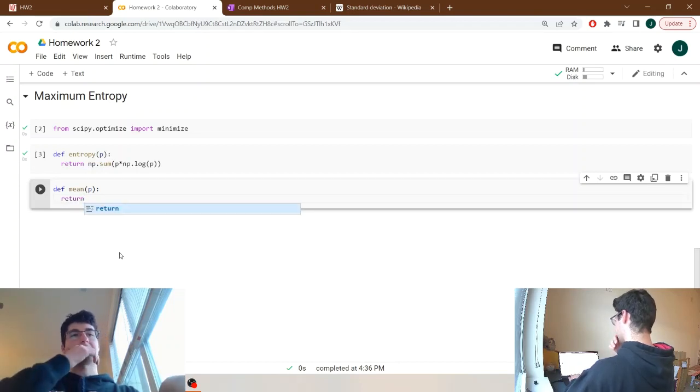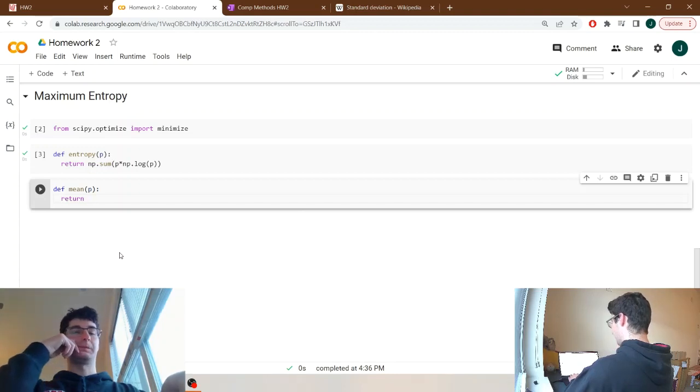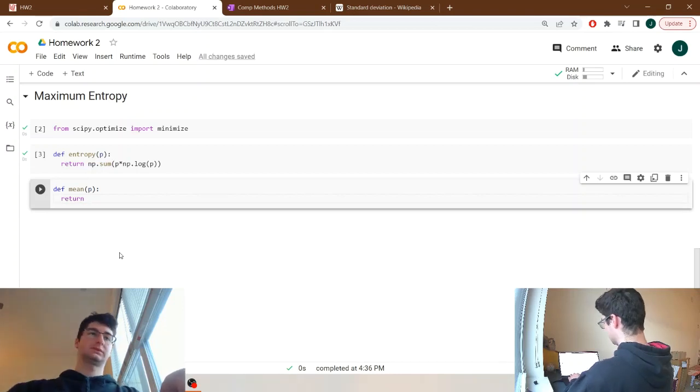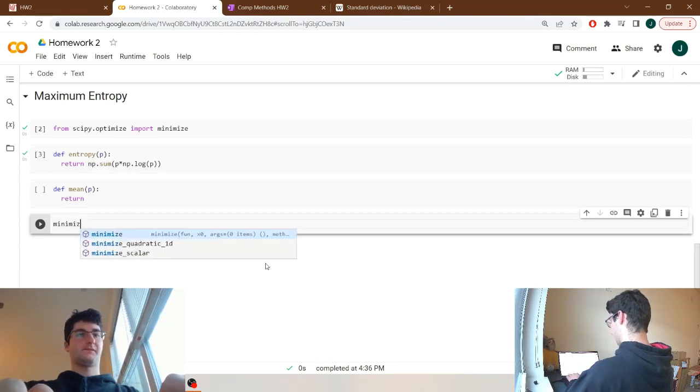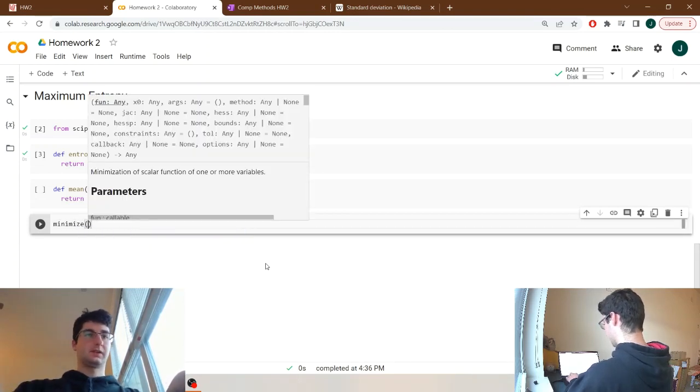Okay, so how do we want to do this? Let's set this aside for now and look at the minimize function. Let's just see what it wants.